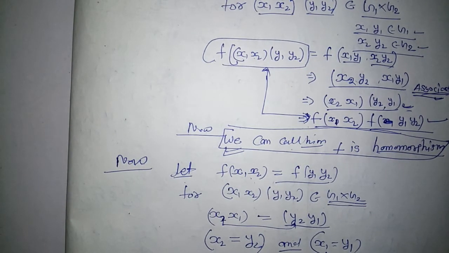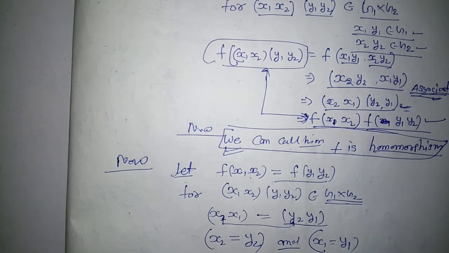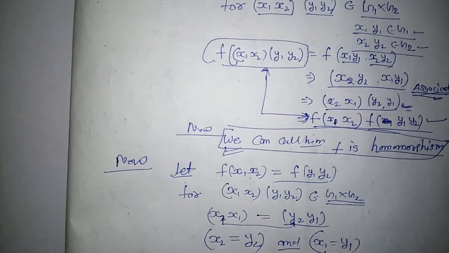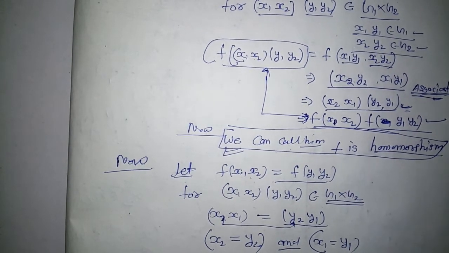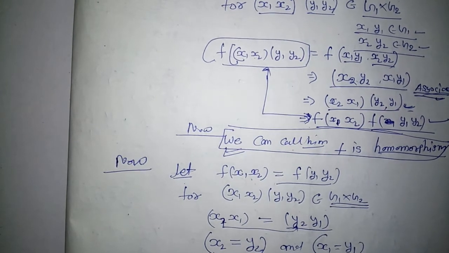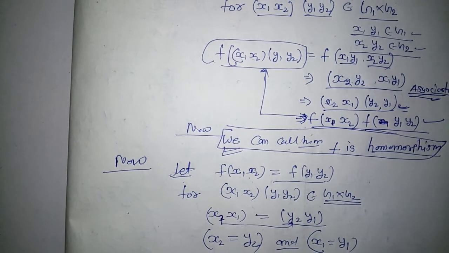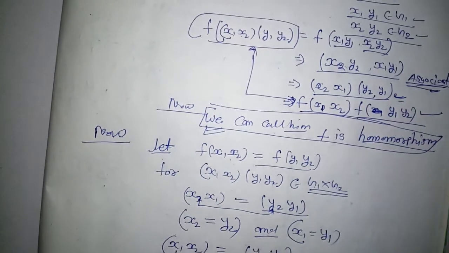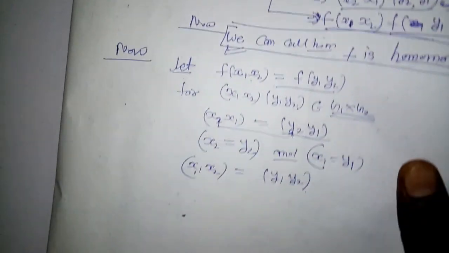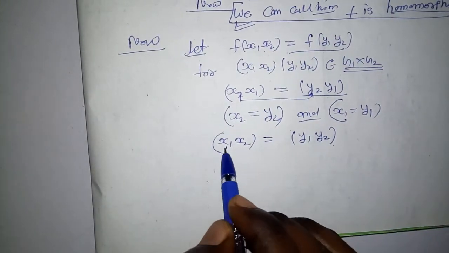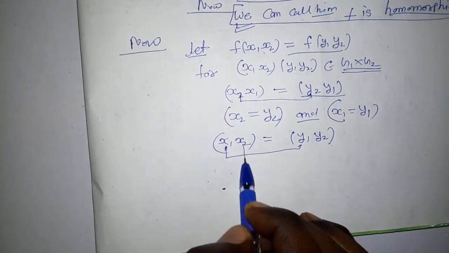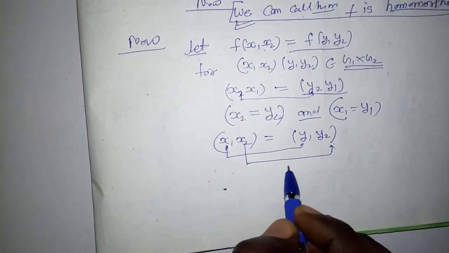Then we can write (x1, x2) is equal to (y1, y2). This is a mapping where x1 is y1 and x2 is y2.